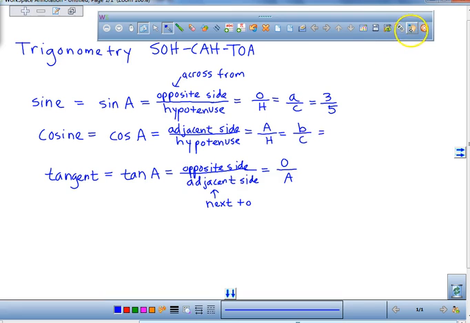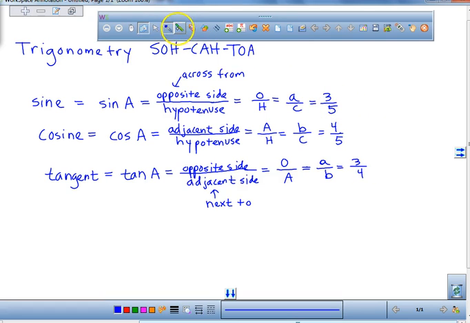And what did we say b was equal to? 4. So we're going to put a 4. And our hypotenuse is still a 5. And last but not least, our opposite side over the adjacent: lowercase a over lowercase b, and a is equal to 3, and b is equal to 4.